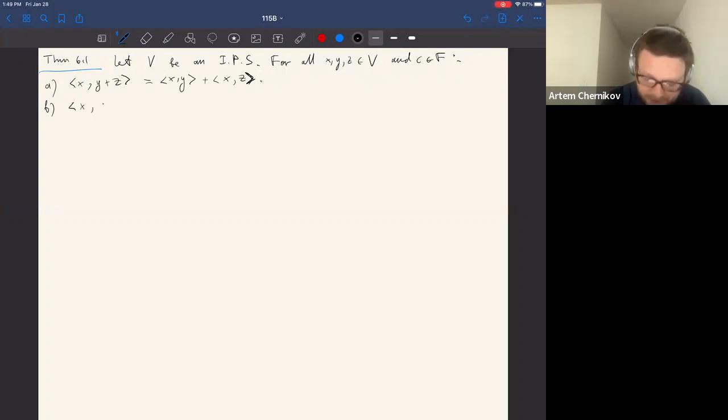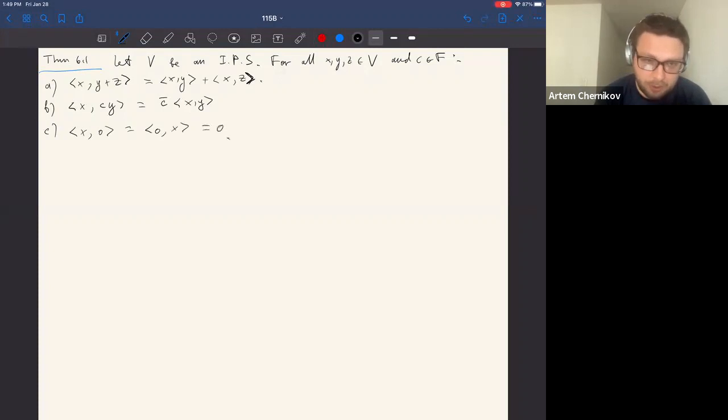Similarly, we have x inner product with c times y is going to be c complex conjugate times the inner product xy. Similarly, we have x inner product with 0 is the same as 0 inner product with x, and this is just 0 always. We also have that x inner product with itself is 0 if and only if x is equal to 0.